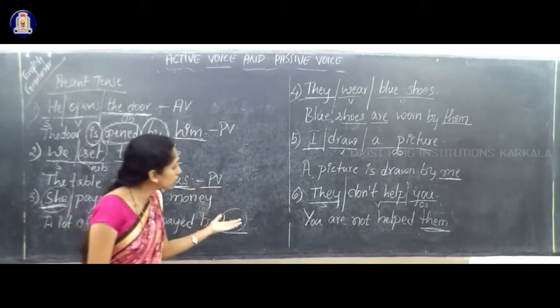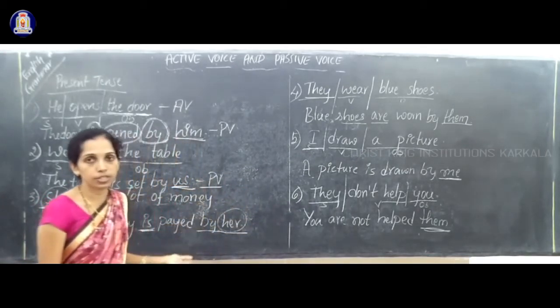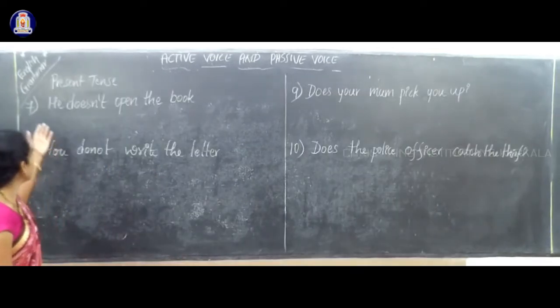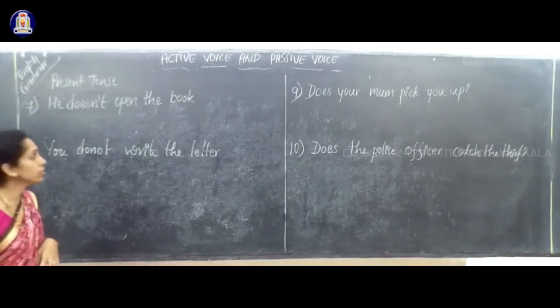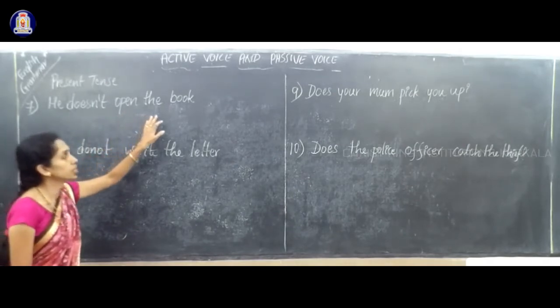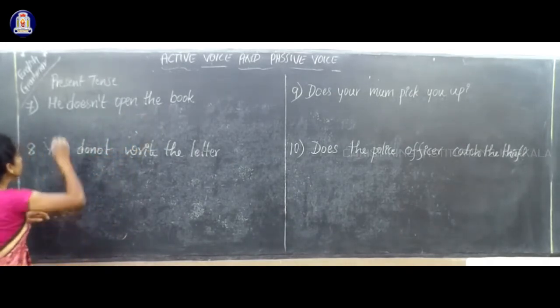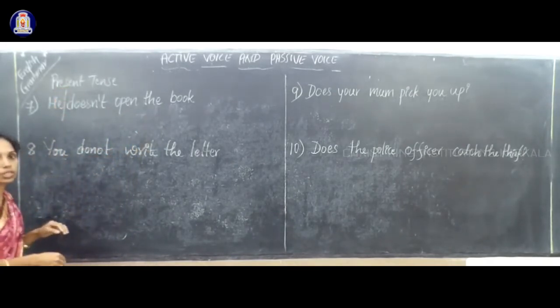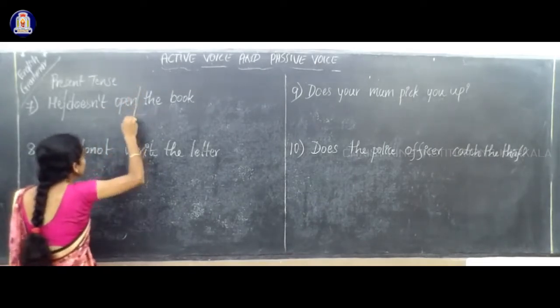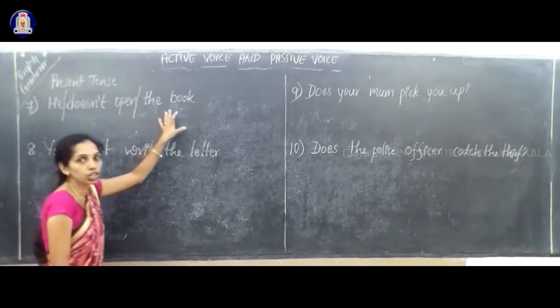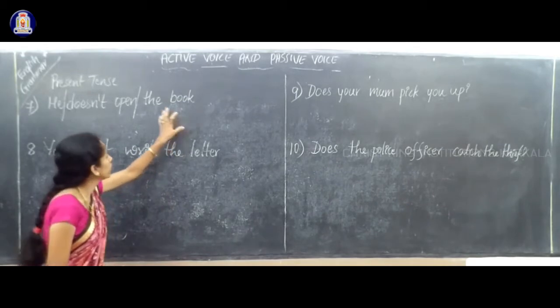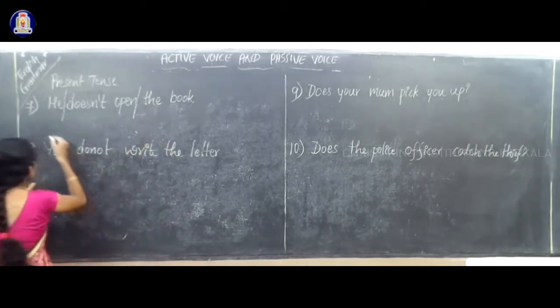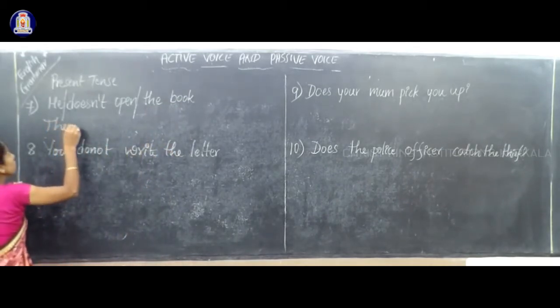Let us see some more examples. Okay, the next example is: he doesn't open the book. So here he is the subject, doesn't open is the verb, and the book is the object. So let us write the object first here. The book.